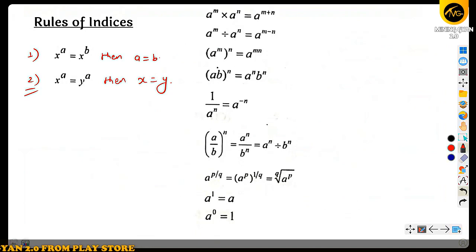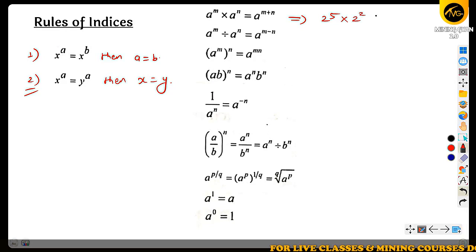Okay. Now, next one, a power m into a power n. That means the bases are the same and the powers are different. So it is a power m plus n. For example, suppose 2 power 5 multiplied by 2 power 2.